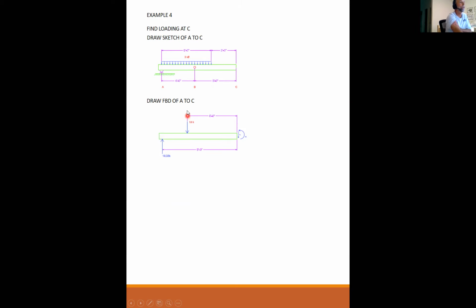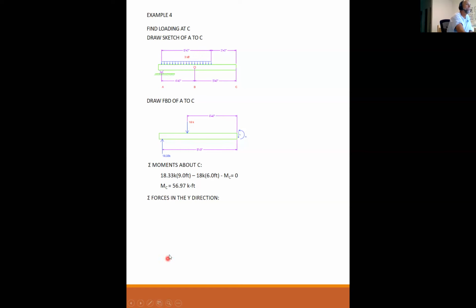I have my full 18 kips at 6 feet, which is 3 plus half of 6 is 3, so 6 feet. And I put my unknown VC and MC. Sum moments about C, I have 18.33 times 9 feet minus 18 times 6 feet minus MC counterclockwise. So MC is 56.97 kip feet, positive.